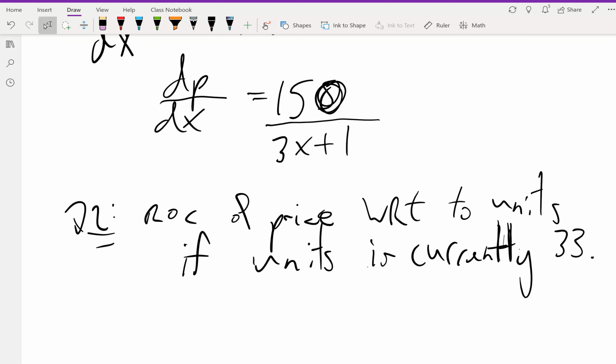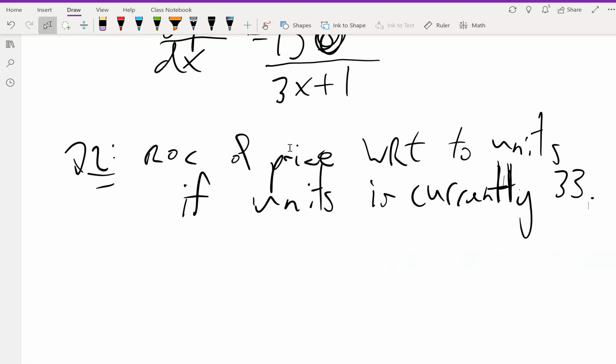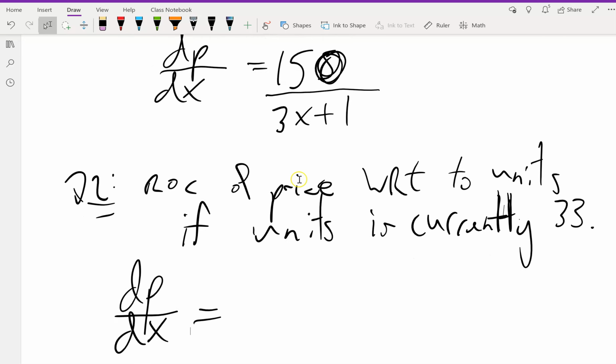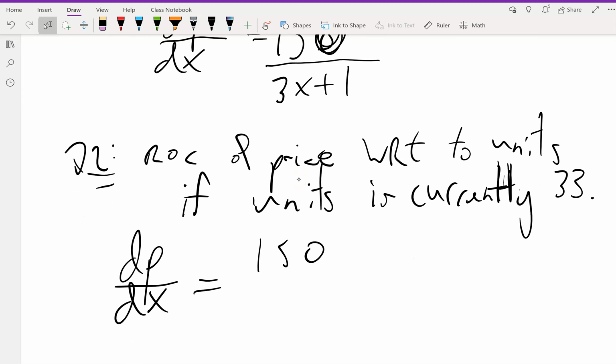The answer is no big deal. The rate of change of price with respect to units, that's dp dx. If units is currently 33, that means we plug 33 in. So what we're wondering is, how will price change if we increase 1 unit from 33 to 34 when we plug in? That is, all right, let me plug in 33.